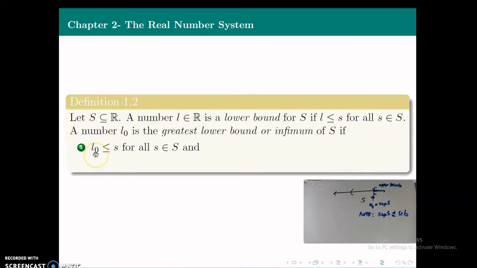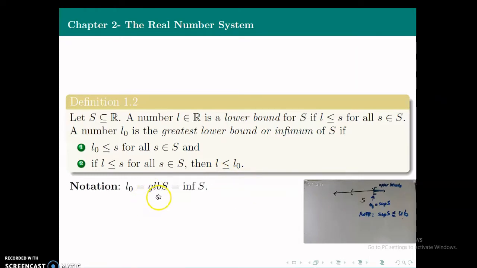First, L sub 0 must be a lower bound, and it should be the greatest among all the lower bounds for S. So we have here the notation for the greatest lower bound or the infimum of S.